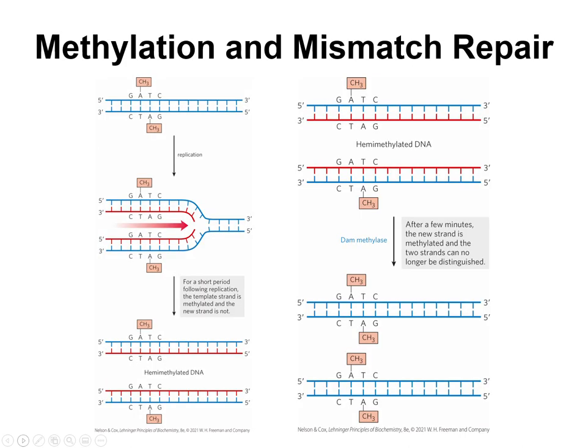So this is a summary of the methylation and mismatch repair. When you start off with your template, you've got two old strands. They're both methylated. We do replication. And now we've got that semi-conservative process of replication where we've got one old and one new strand in each of the two new DNA molecules that we form.